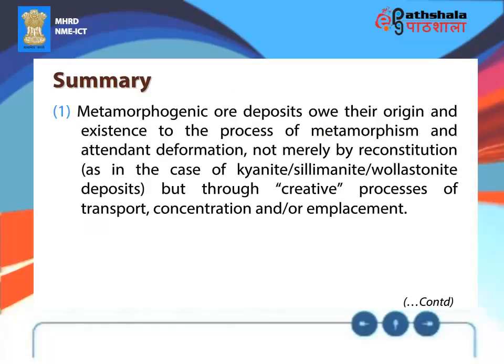Summary. Metamorphogenic ore deposits owe their origin and existence to the process of metamorphism and attendant deformation, not merely by reconstitution, as in the case of kyanite, sillimanite, wollastonite deposits, but through creative processes of transport, concentration, and/or emplacement.